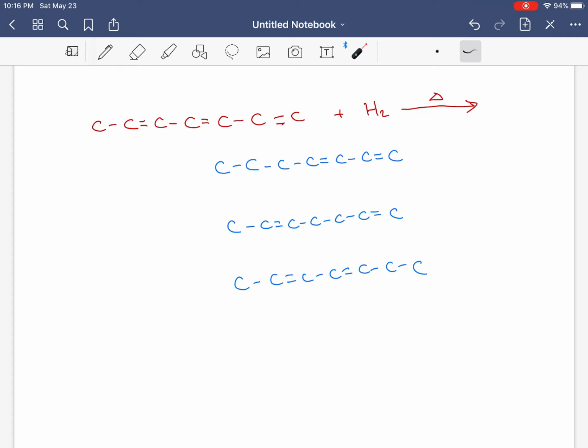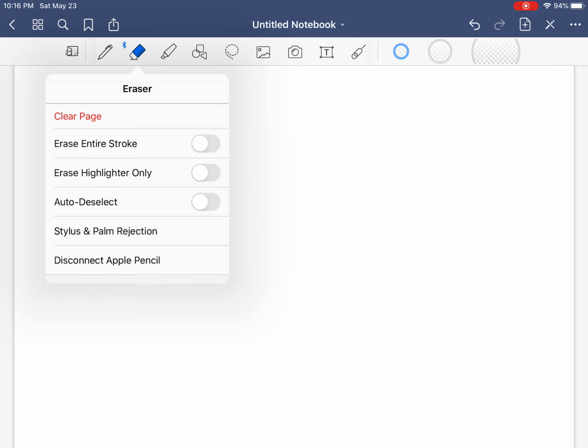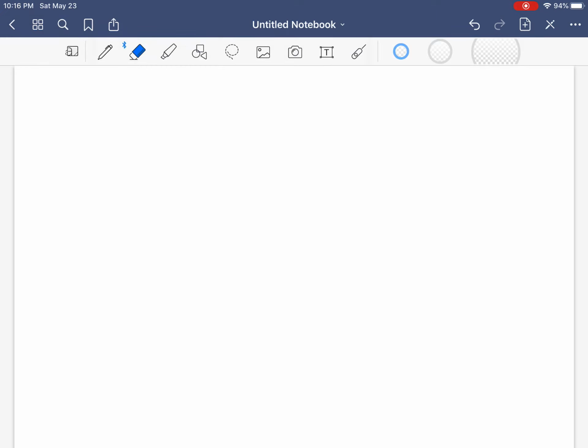I have one more reaction to do today. So let's clear this. I promise you, this is the last one for the day. This is called hydrohalogenation. Now, what is that?